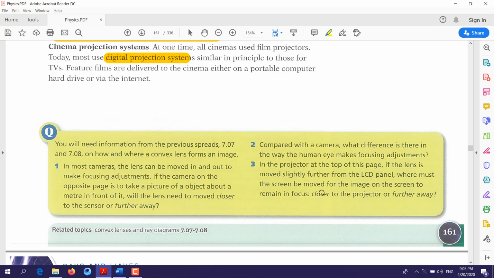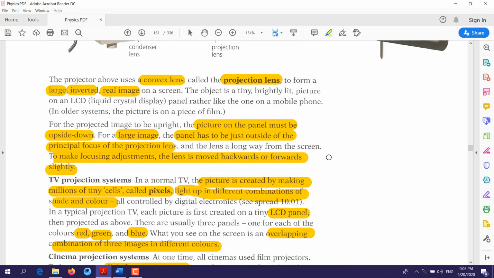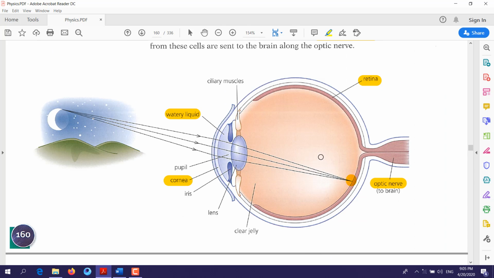Question number 2. Compared with a camera, what difference is there in the way the human eye makes focusing adjustment? If we come back here to the eye, you will see in our eye we don't have a lens that can move backward or forward. Instead of that, what do we have?